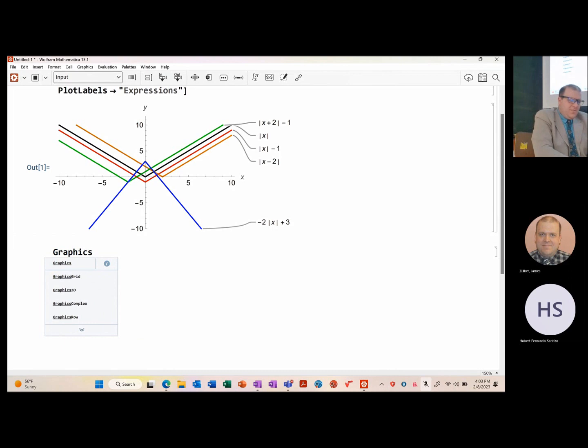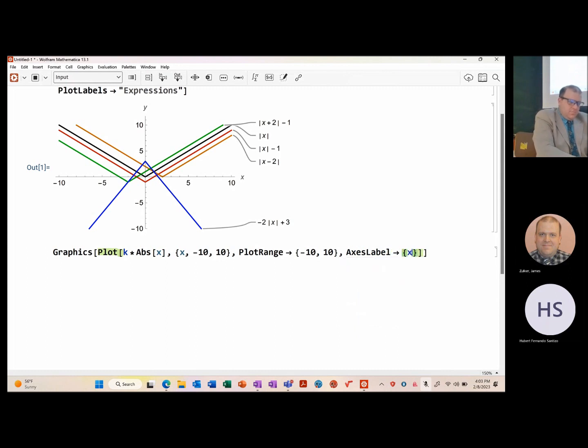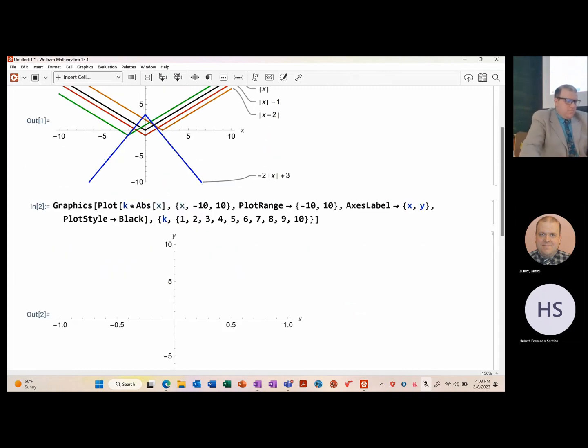Also, do this. Let's see if I remember how to do this. No, it doesn't like that.